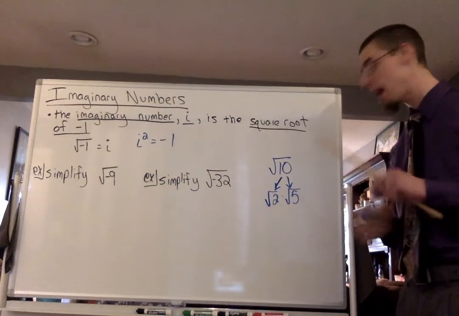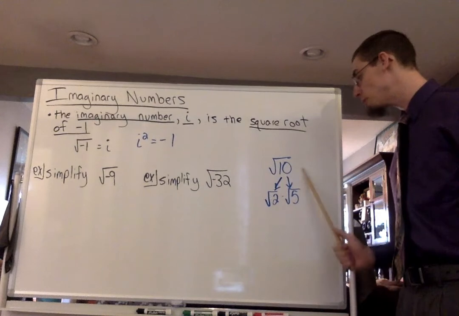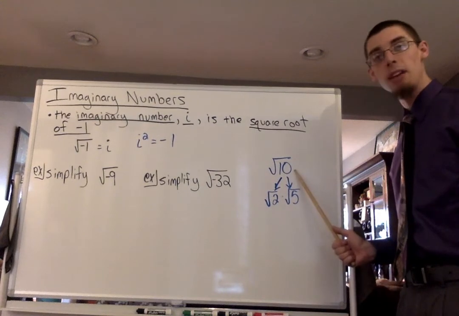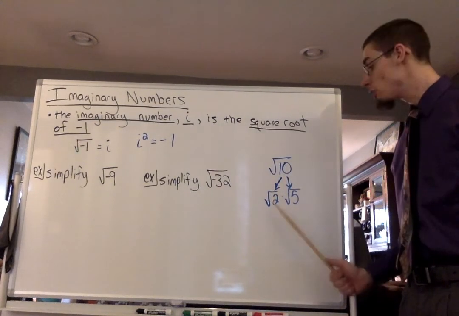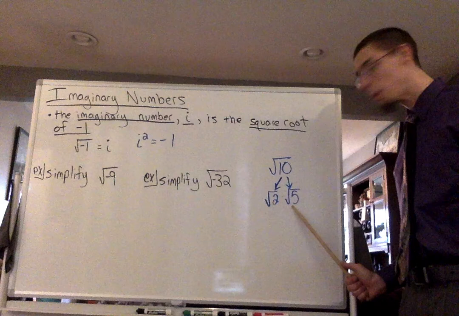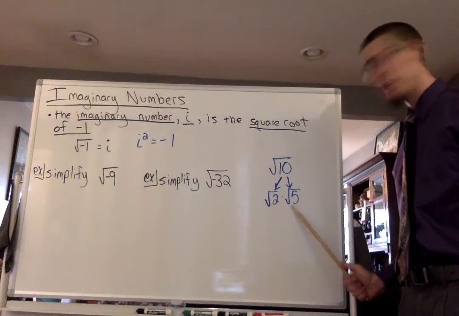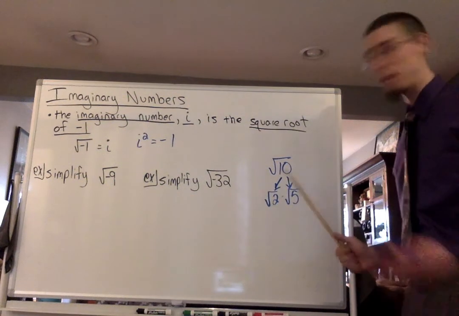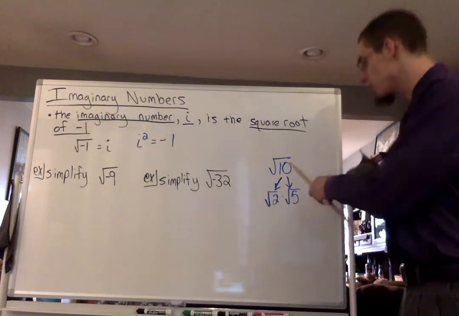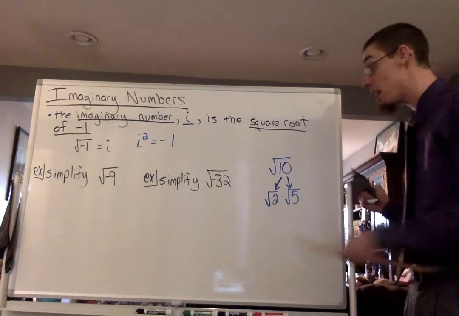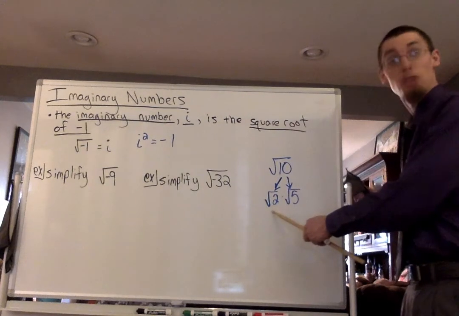Why am I allowed to do that? Because 2 times 5 equals 10, so the square root of 2 times the square root of 5 is the same as the square root of 10. Just like a normal factor tree, except the numbers have square roots on top.